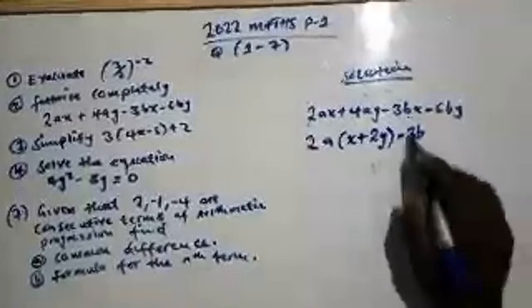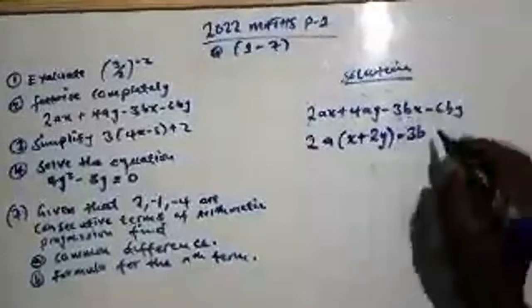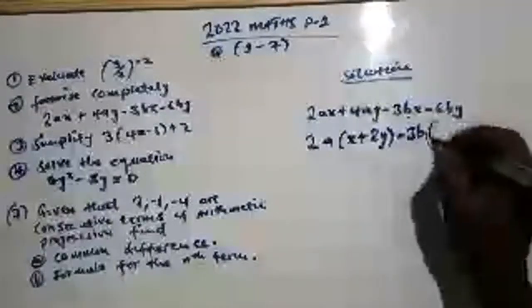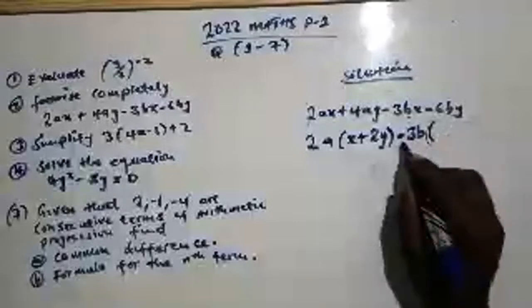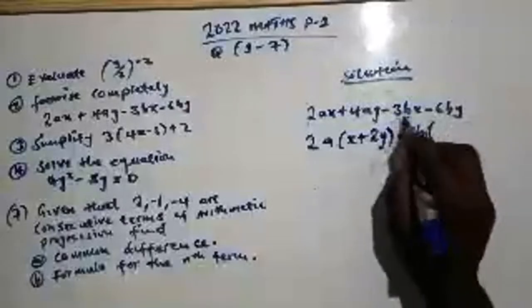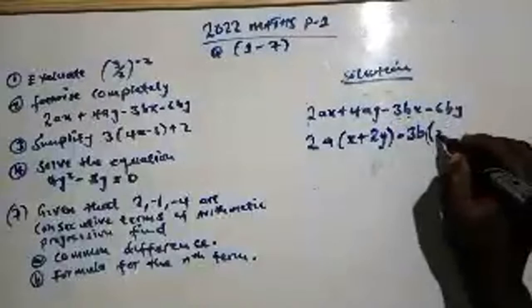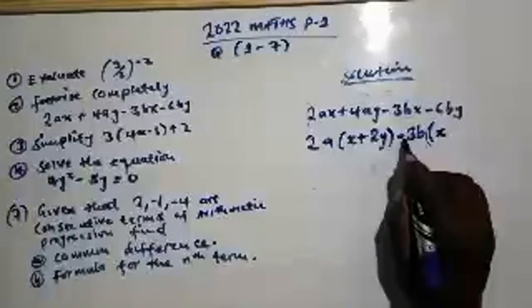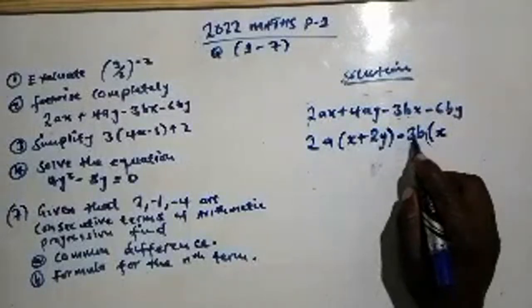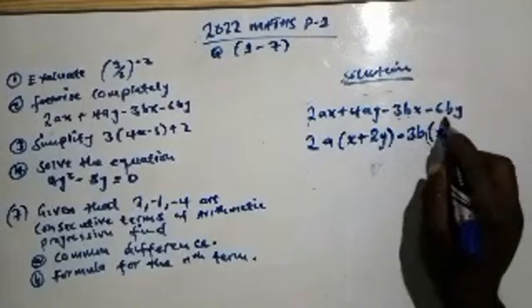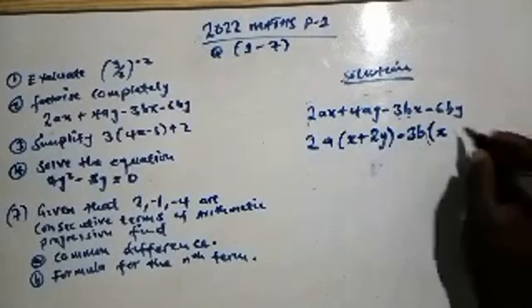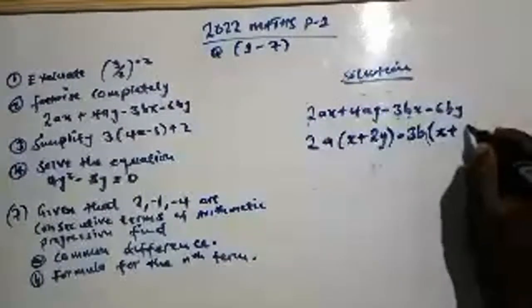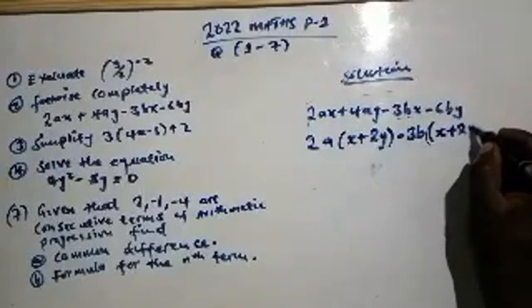Okay, then here 3b, it is common. So in which negative 3b into negative 3bx, you're going to remain with the x. Then negative 3b into minus 6by, you're going to remain with plus 2y.